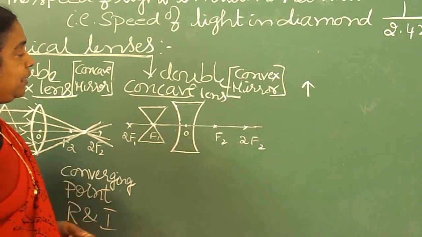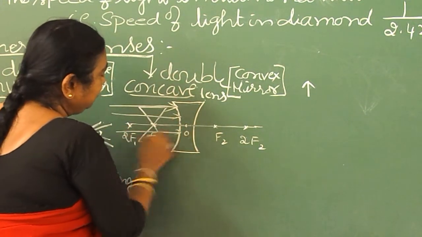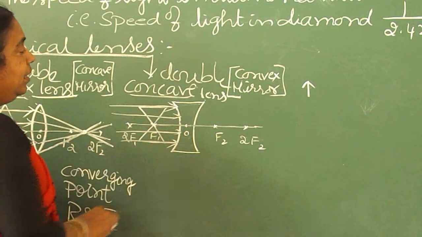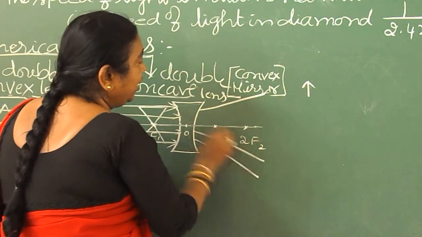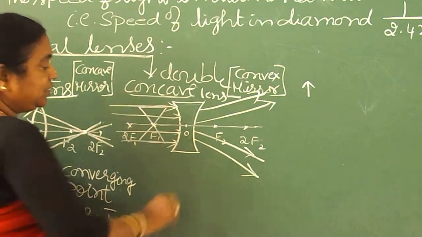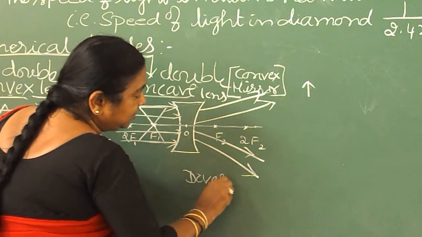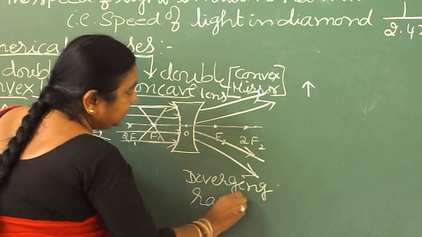The light comes through this lens. After refraction, the rays come out in other directions. They do not meet. Hence, we say they are diverging rays. What does it mean?